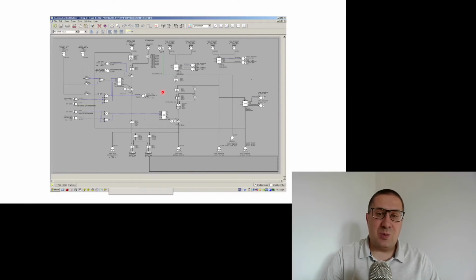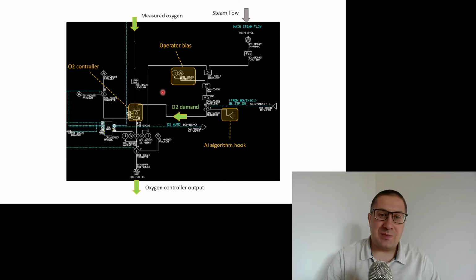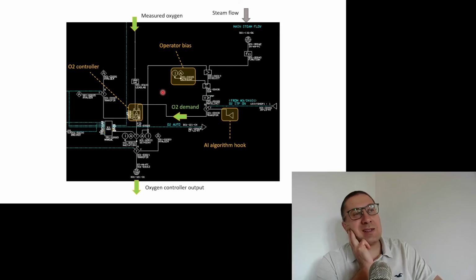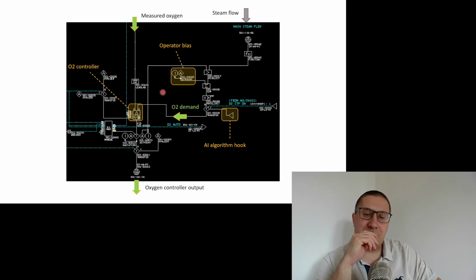It may look complicated, but if you know how to read it, it's like a very interesting story to read. And now I would like to tell you how to read it with an example. Let's start from the example where we have to control the airflow to the combustion chamber in a power plant.